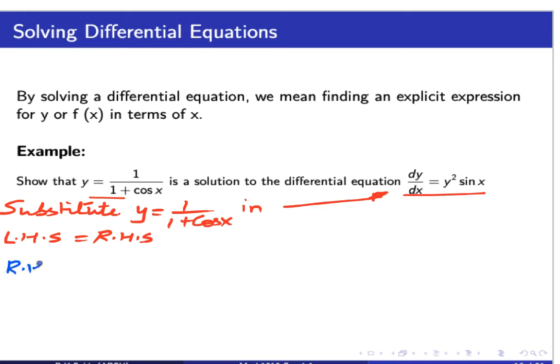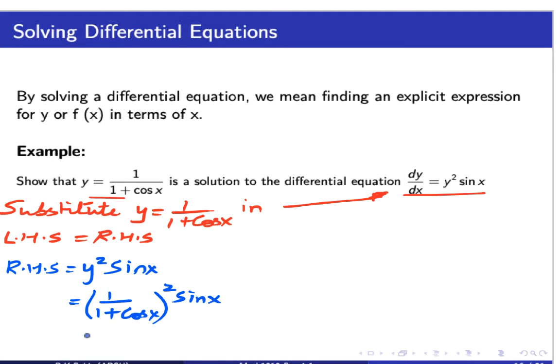So the right-hand side is given by y squared times sine x. We are already given y. So what is y? Replace that and you write 1 over 1 plus cosine x the whole square times sine x, which is nothing but what? Sine x over 1 plus cosine x the whole square.